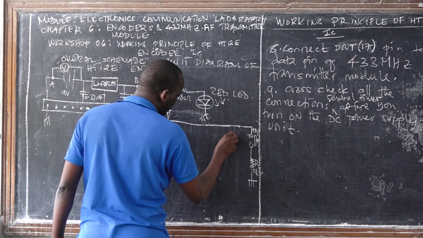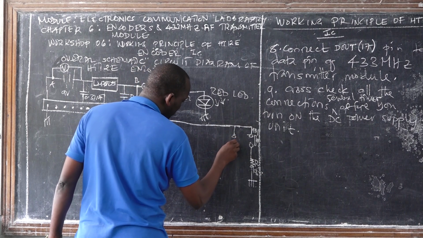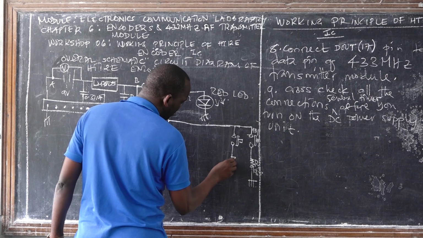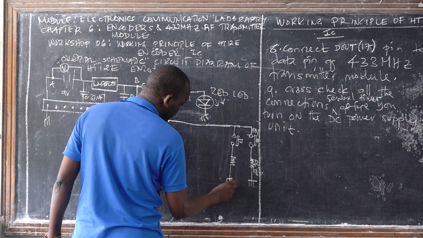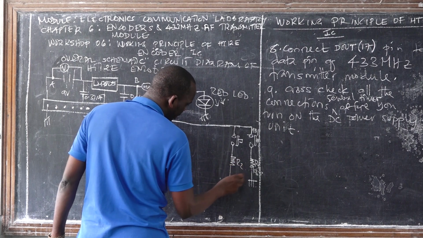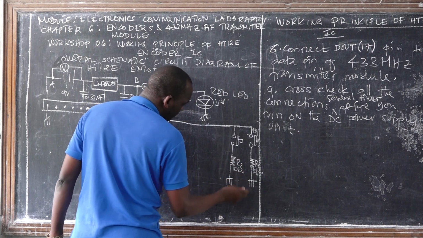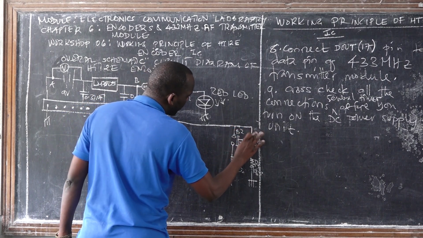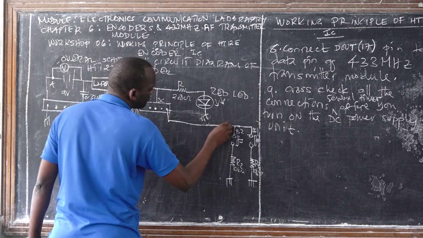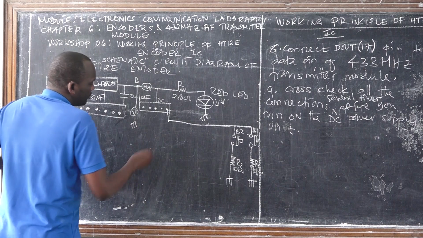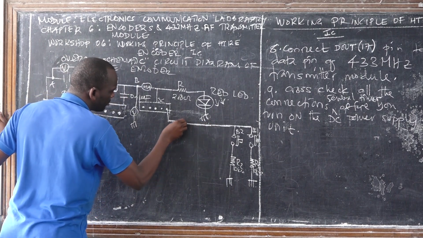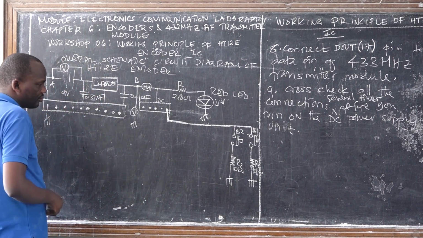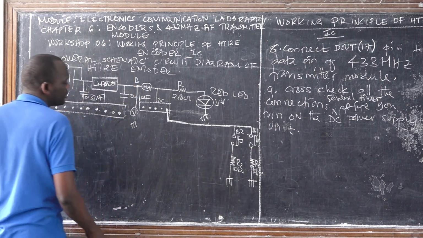Again, you may have another: R1, R2, 10 kilo ohm, common ground, push button 2. This is button 1. So these will be our two inputs.